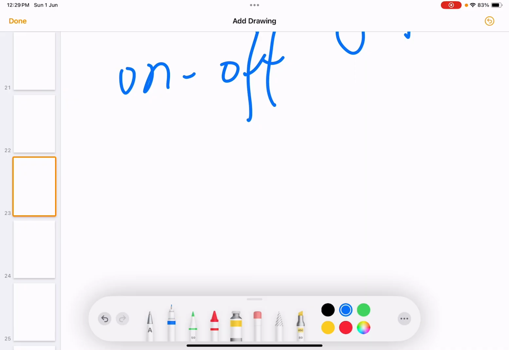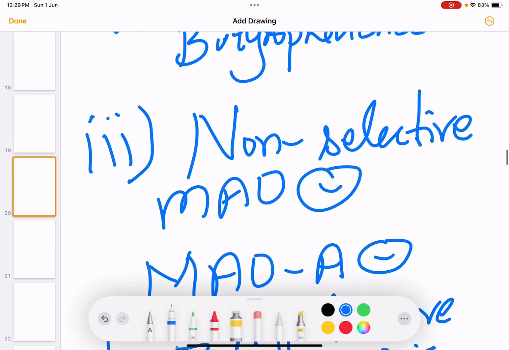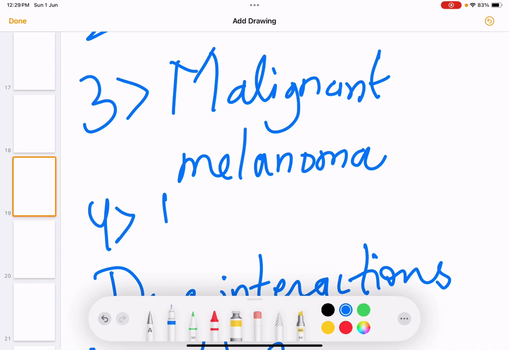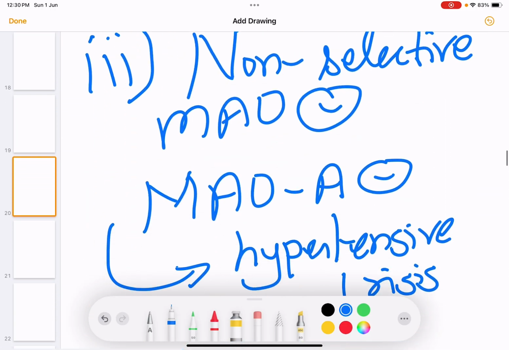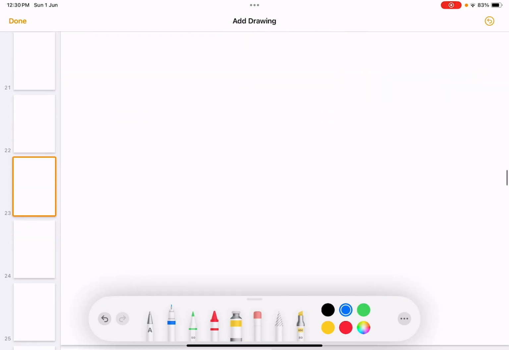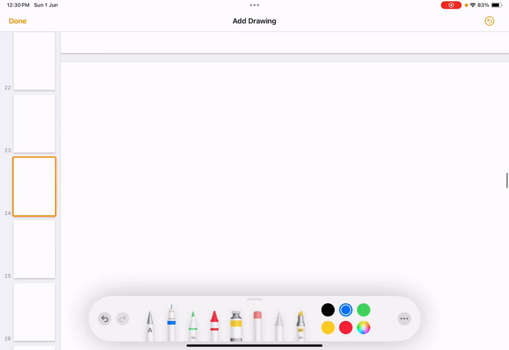So some of them may respond to the combination. Now levodopa is also contraindicated in psychotic patients. So one more contraindication is psychosis. In psychotic patients, it is contraindicated as it can worsen the psychosis. So this is about carbidopa.